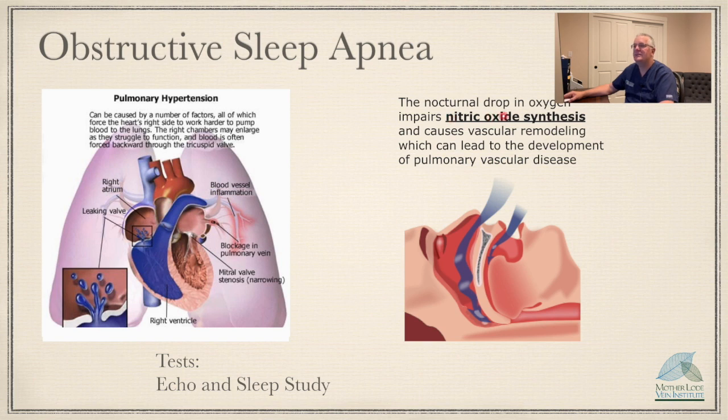That causes the decrease in the nitric oxide synthesis, and that then in turn causes inflammation of these arteries in the lungs. And when they become really inflamed, then they can impair the flow, and you end up getting a backflow of blood, which causes lower extremity swelling.